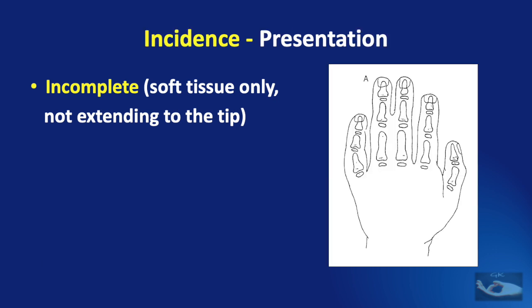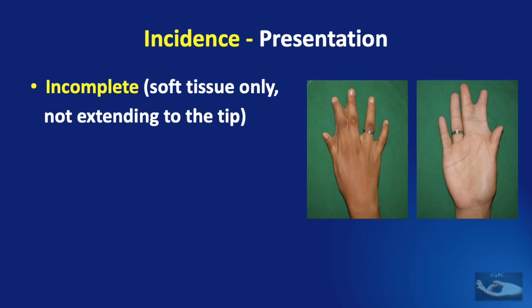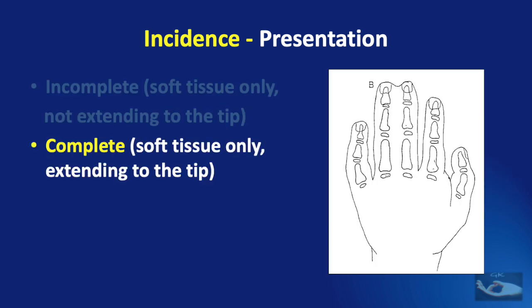Incomplete syndactyly involves fusion of the soft tissues only between fingers, not extending to the tip, as shown in this example of syndactyly between the index and middle fingers, which extends only up to the middle phalangeal region. Complete syndactyly refers to fusion of the soft tissues only but extending to the tips of both the fingers.